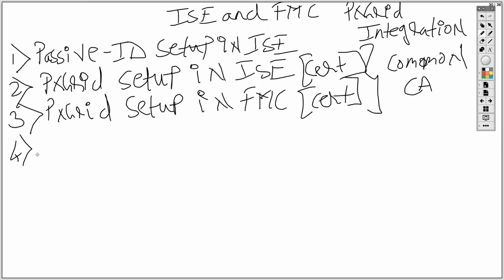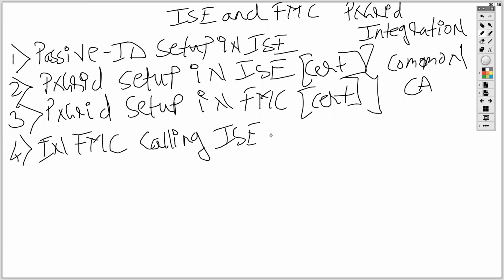Fourth is going to be in FMC, not in ISE, but in FMC, calling ISE for pxGrid authentication.